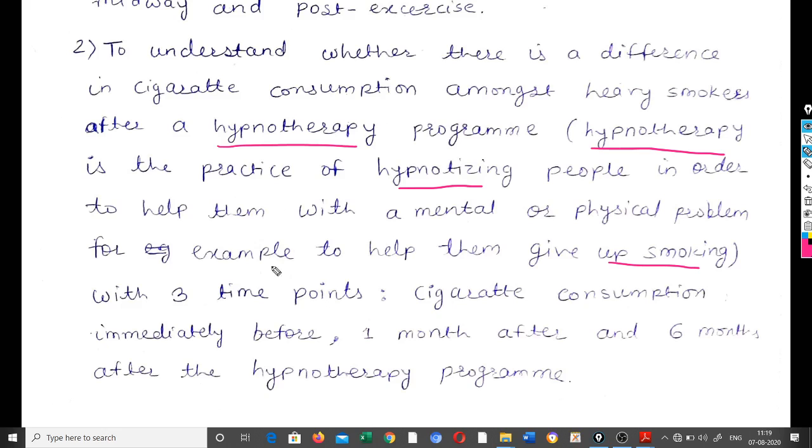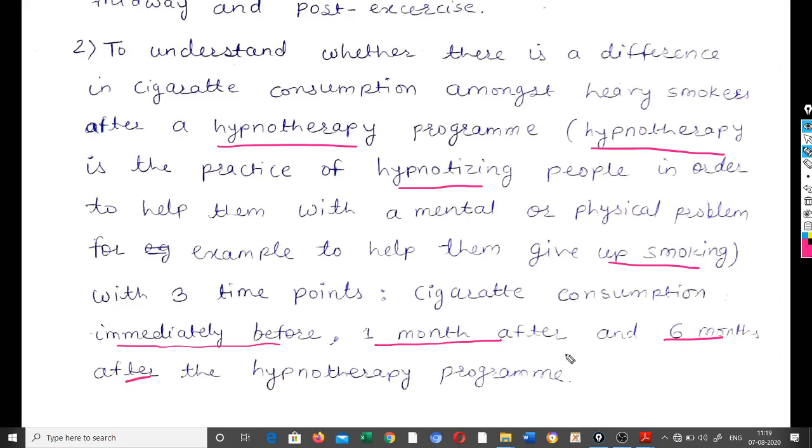In this program, cigarette consumption is measured at three different time points: immediately before starting the program, the number of cigarettes consumed by a person, and after 1 month, and after 6 months.